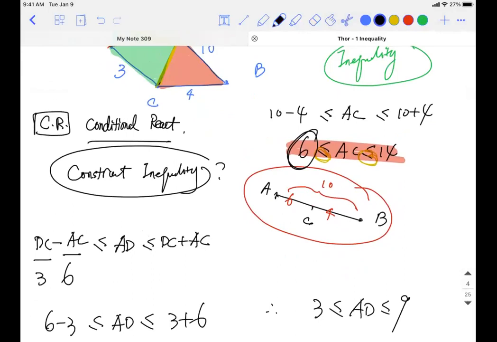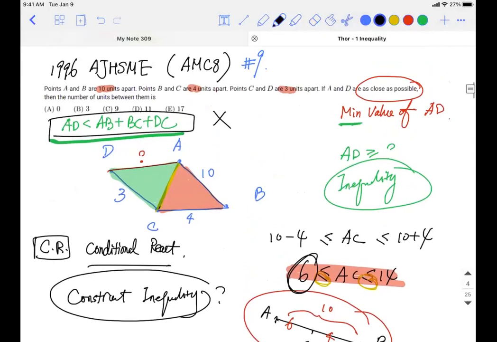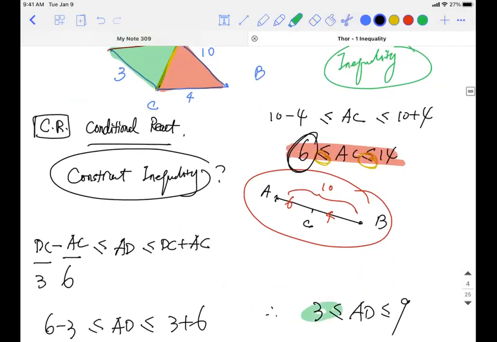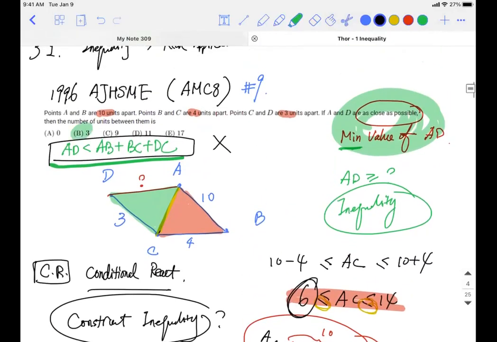Is that right? What does the question ask you to determine? The question asks you to determine what is the minimum value of AD. So of course, the minimum value of AD is here, equals 3. See? Very straightforward. So the answer of the problem is actually B. You see, such a problem is fairly straightforward.